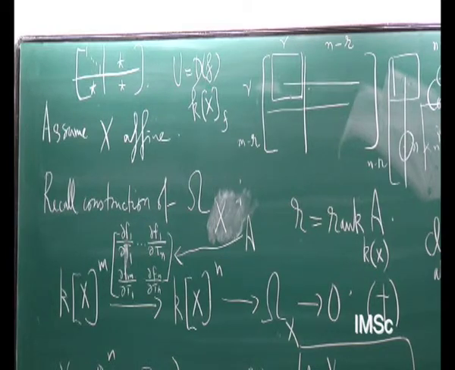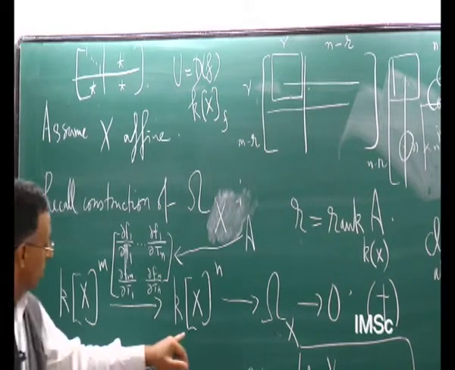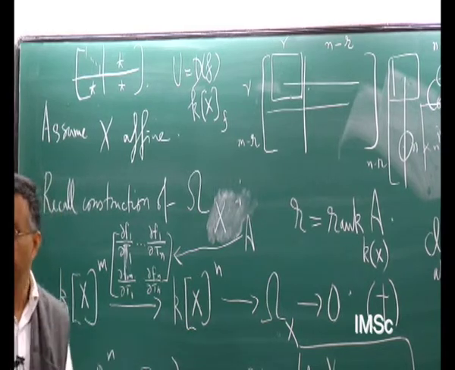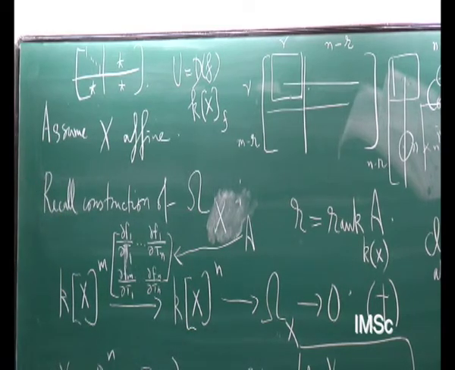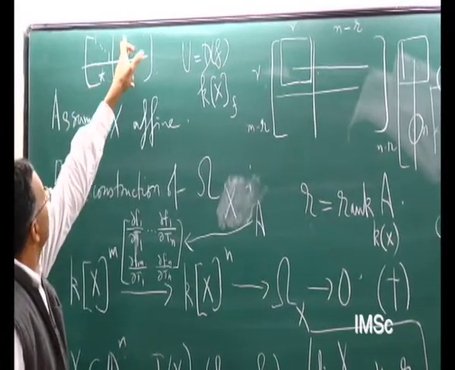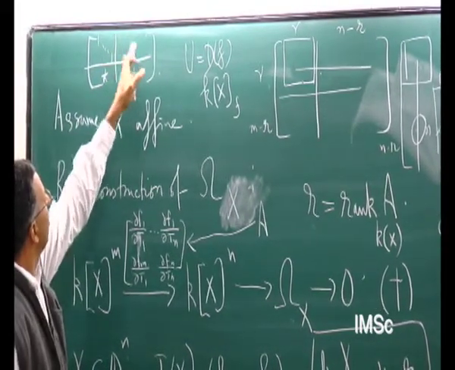Again, I'm only changing basis here. By doing column operations, I can kill off all these, right?